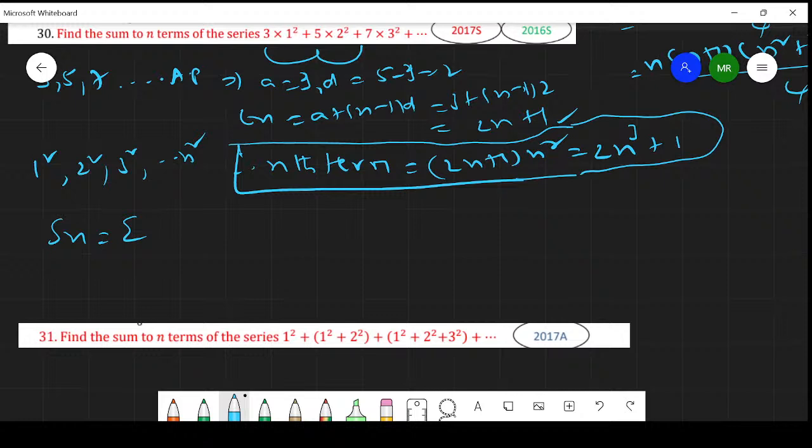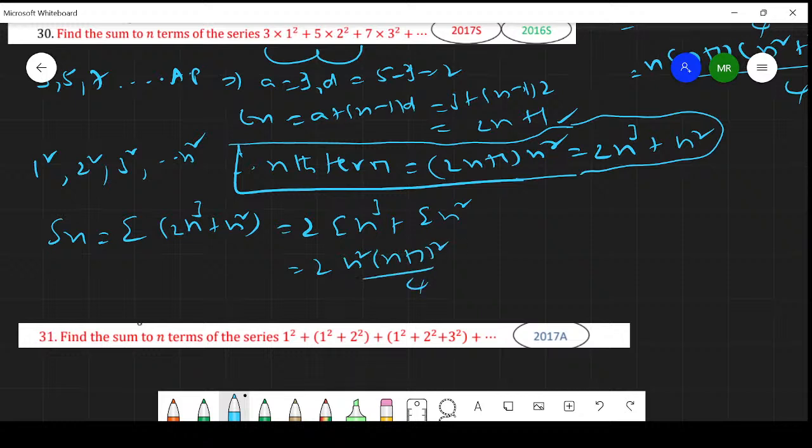If I apply sigma into 2n cube plus n square, this will become 2 into sigma n cube plus sigma n square. So I can write now 2 into sigma n cube, n square into n plus 1 whole square by 4, plus sigma n square, n into n plus 1, 2n plus 1 by 6.